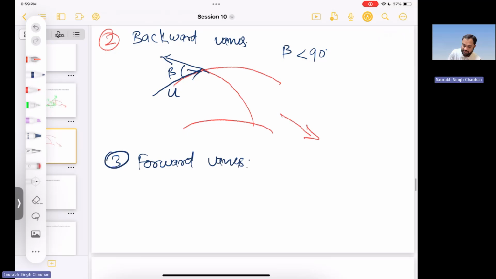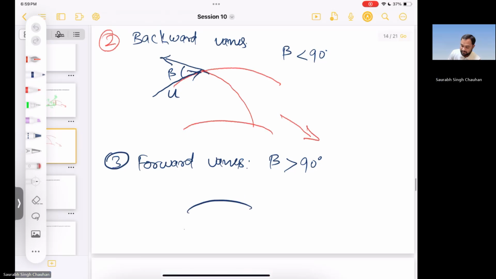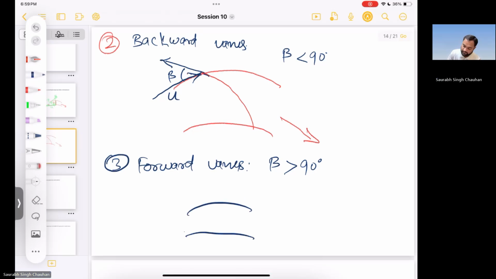And as you must have guessed, for forward vanes, beta is greater than 90, and flow goes in this direction, and this is the tangential velocity. Okay, and blade will be something like this. This is v.